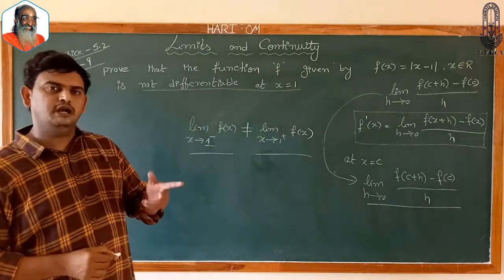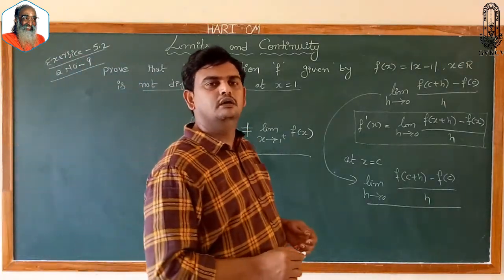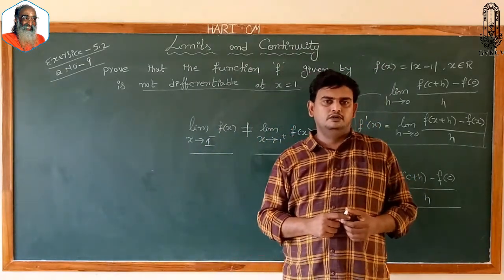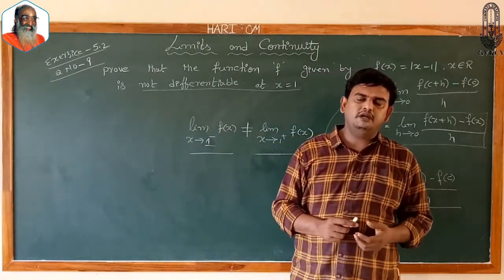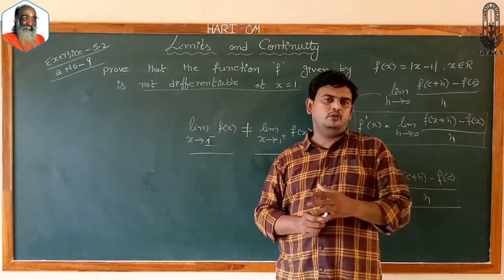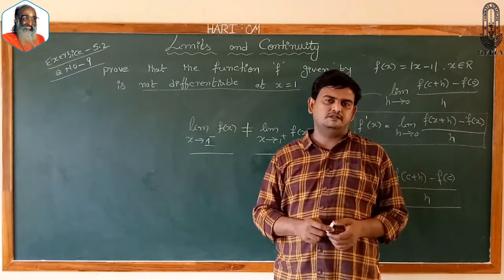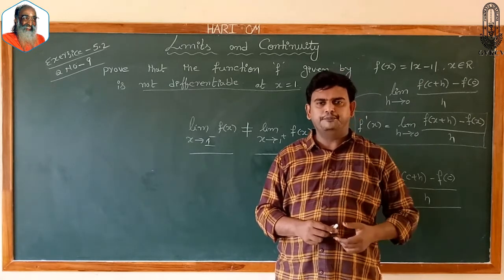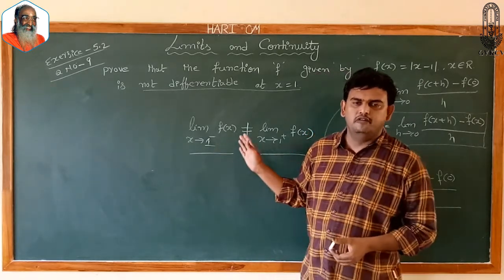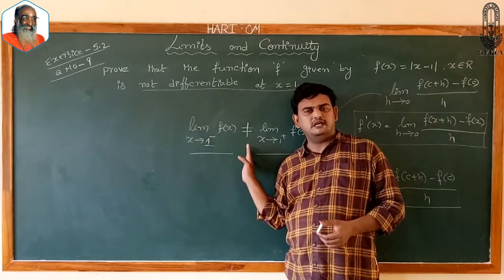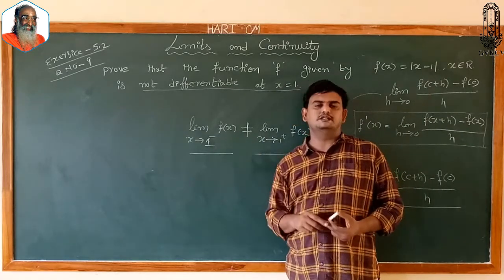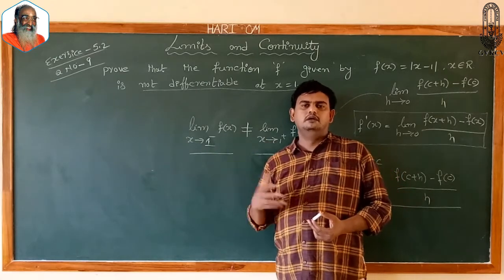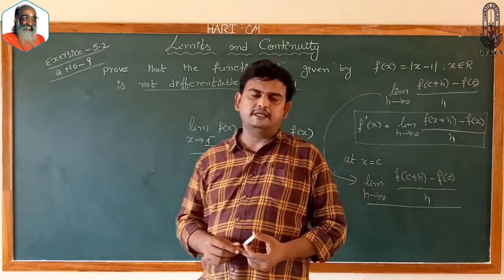When the left and right hand limits are not equal, the limit does not exist. We have seen this in our first exercise, where we solved many problems finding limits and continuity. Where the left and right hand limits are the same, the limit exists. Where they are not equal, the limit does not exist.